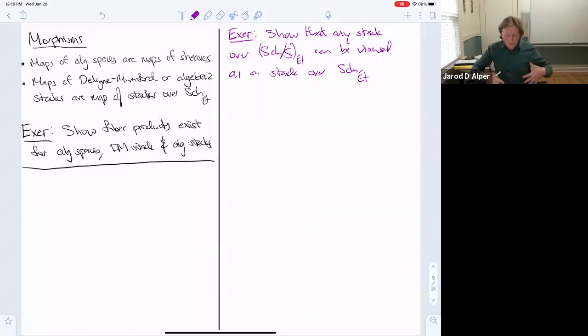In other words, you just forget about the morphism to S.